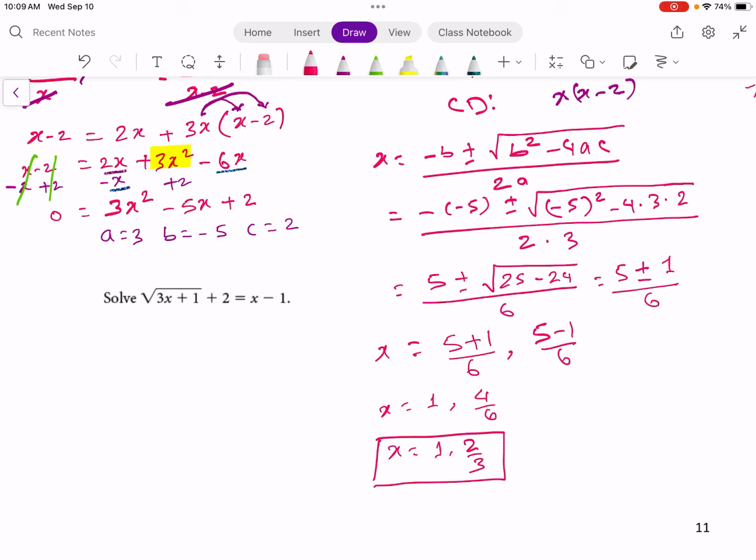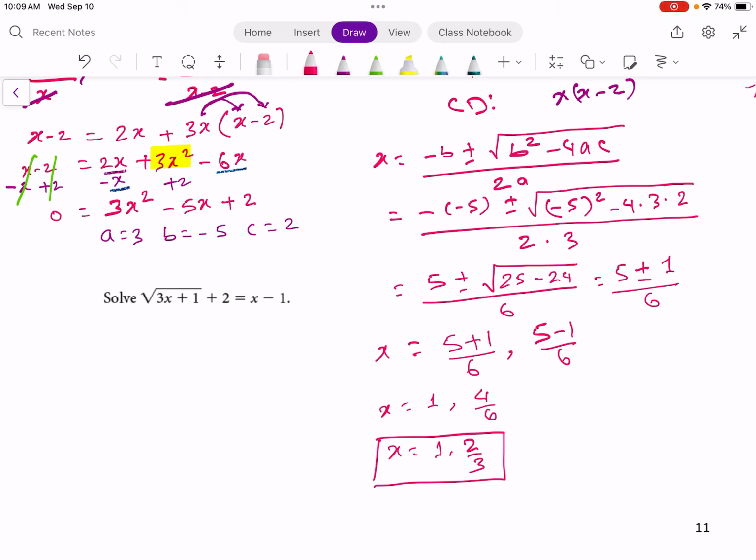Okay, let me know if you have any questions. And let's do one more, okay? Has anyone carried a book by any chance? Okay. So let's go ahead and solve one more example of a rational equation, then we'll start solving radical equations, okay?